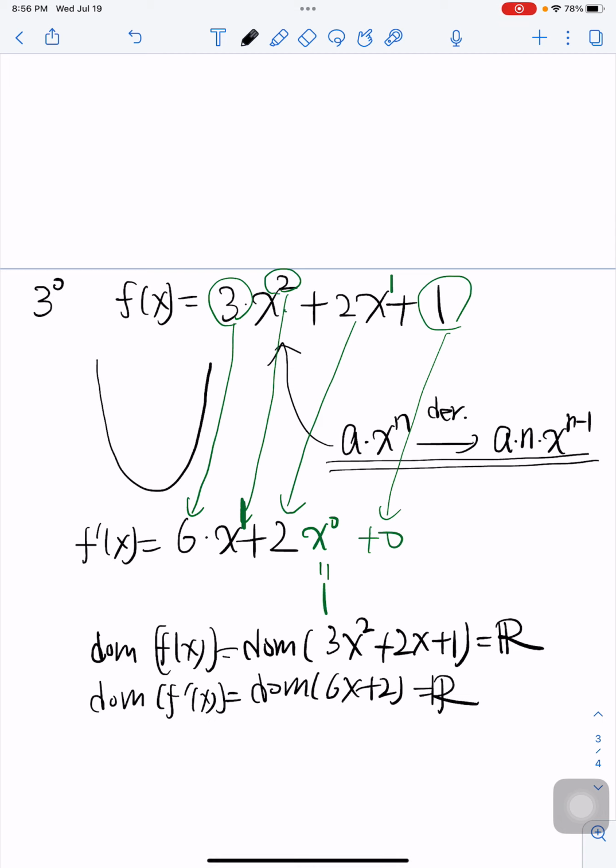So this is another example for which the domain does not change after the differentiation. In fact, polynomials and sinusoidal waves are continuously differentiable, so you can take as many derivatives as you want.